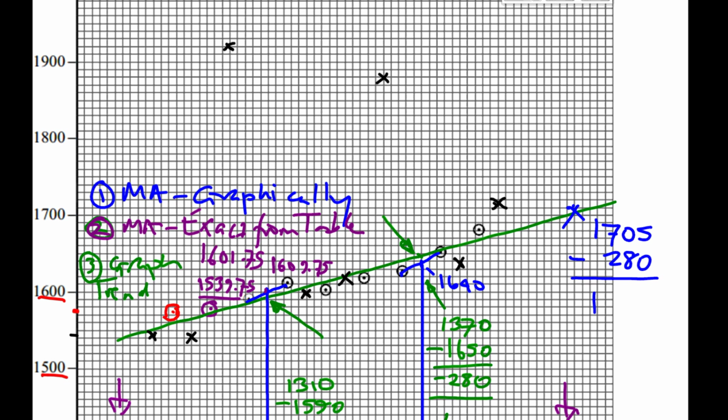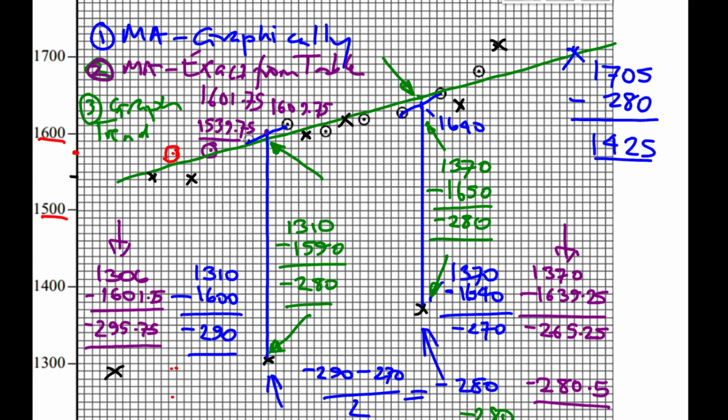So that would give us a result of 1425. We could then use that to position a point on this line, which is going to be inside our purple here.